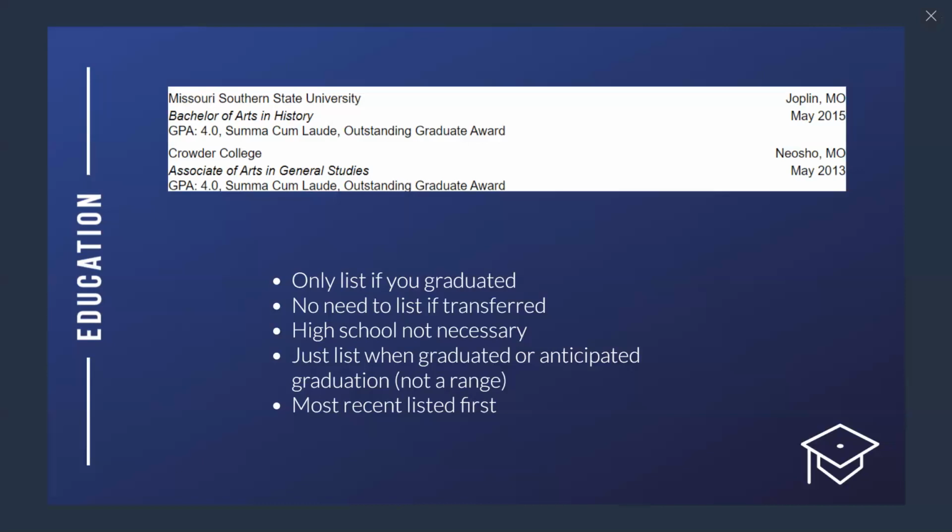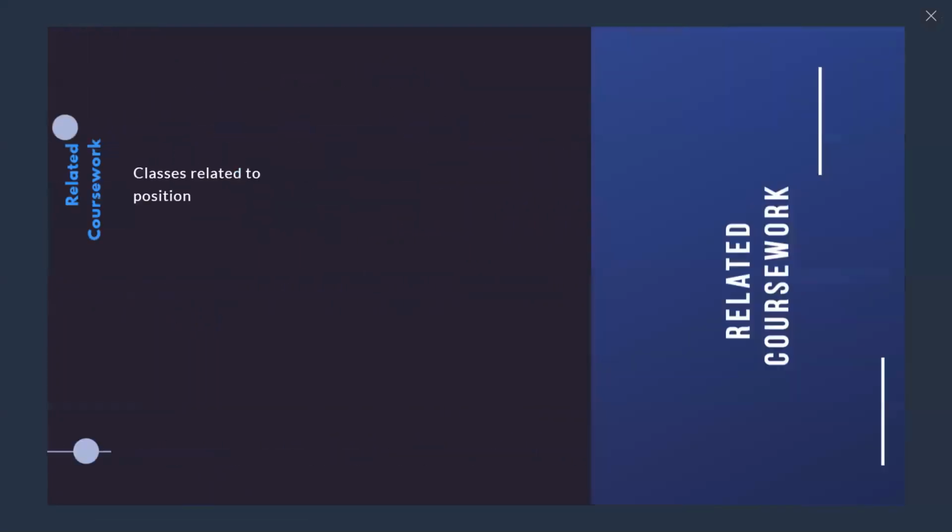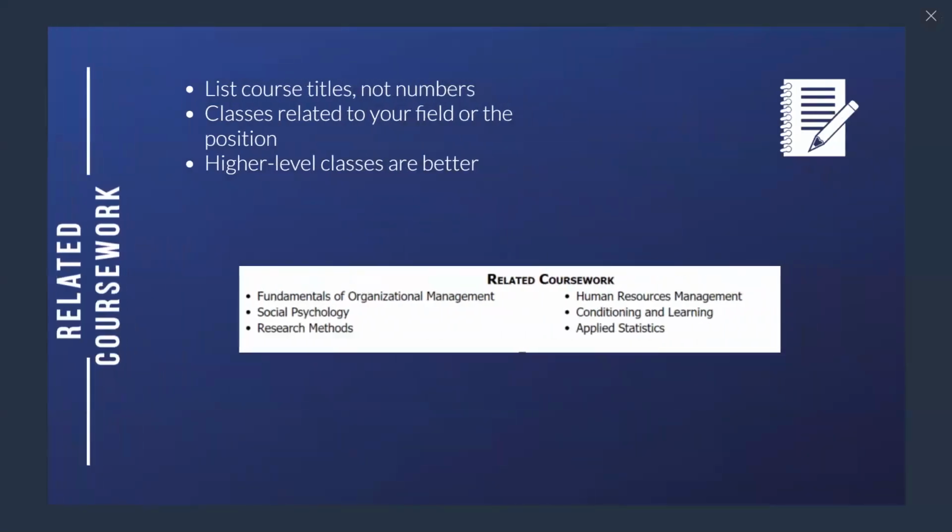So we have our header, we have education. Next up on the resume roadmap is our related coursework. Now this is classes that are related to the position that you're applying for. Okay, maybe your field, but not necessarily. And you want to make sure that you list out the course titles and not the numbers. Anybody outside of Missouri Southern will not know what GB 320 means, but they will know what business communication means.